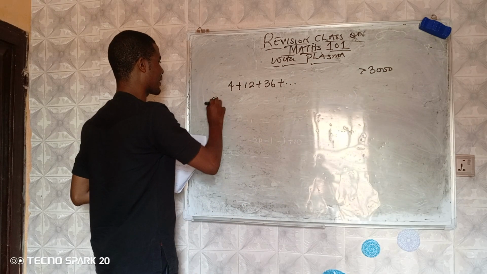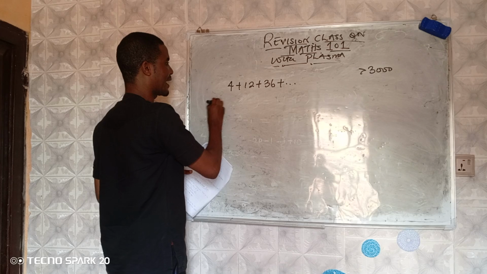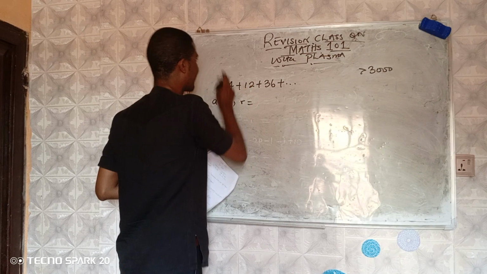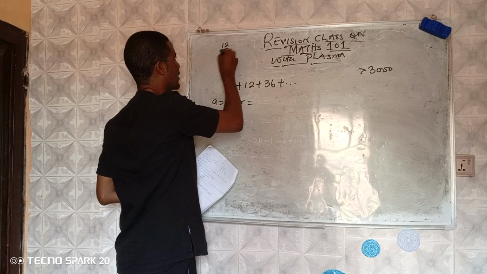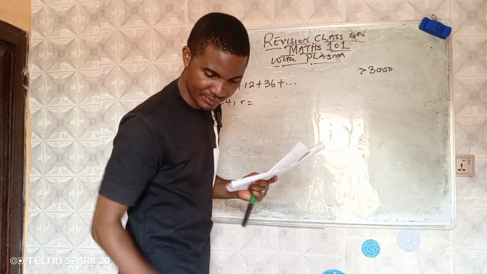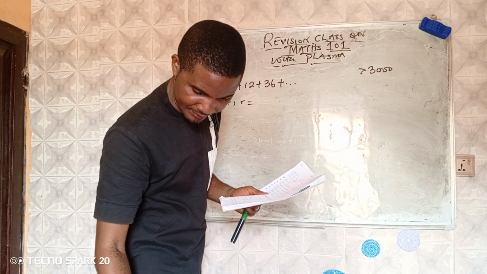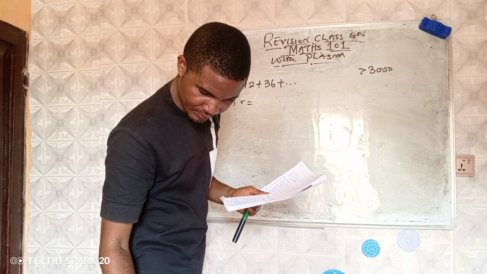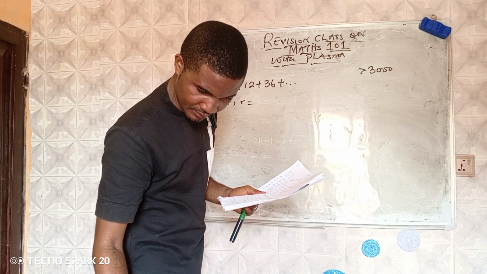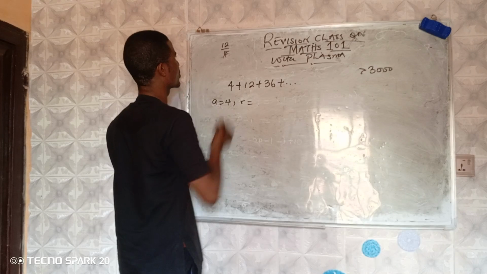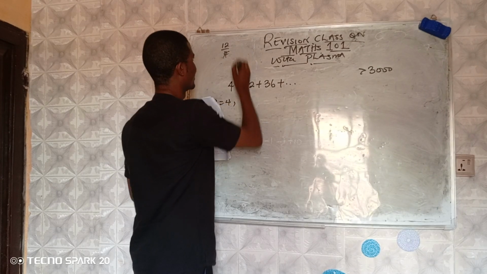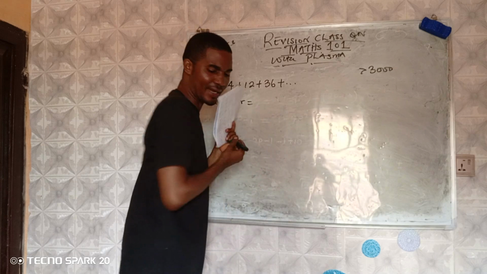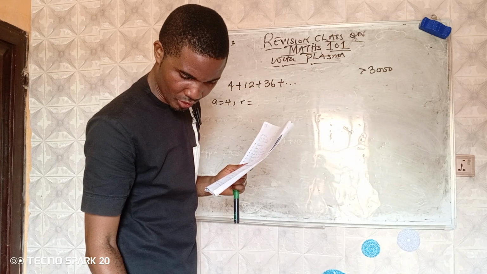So Sn. Remember that, first of all, my A here is 4. What of my R? 12 divided by 4 gives 3. 36 divided by 12 should also be 3.